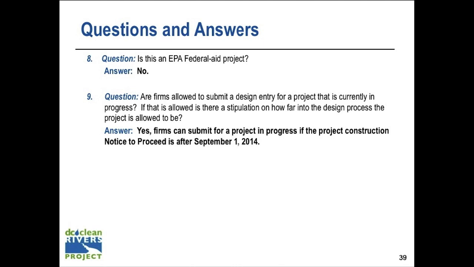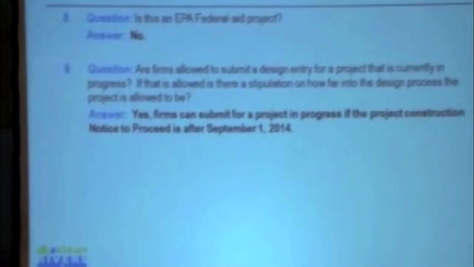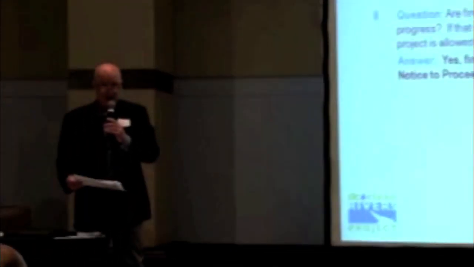Does that make sense? If you're already in design, but your construction is going to happen this year or the beginning of next year, you can't do it. But if your construction is not going to be until September 1st, 2014, when we plan to award or give notice to proceed for the other projects, then that would be sufficient.